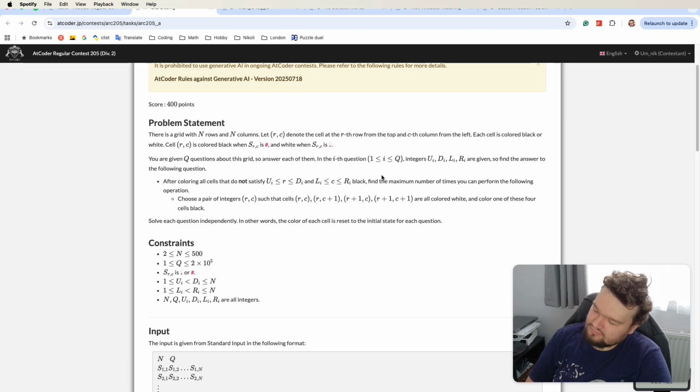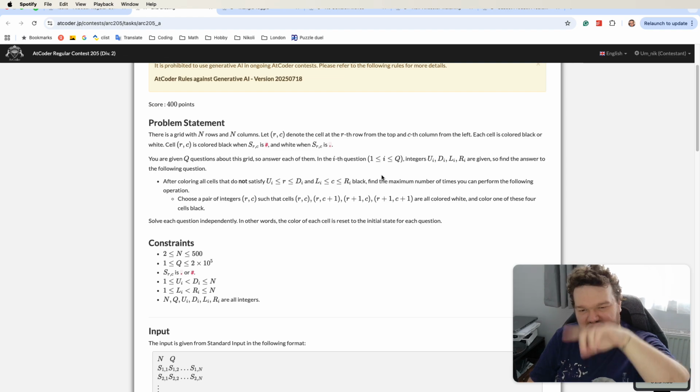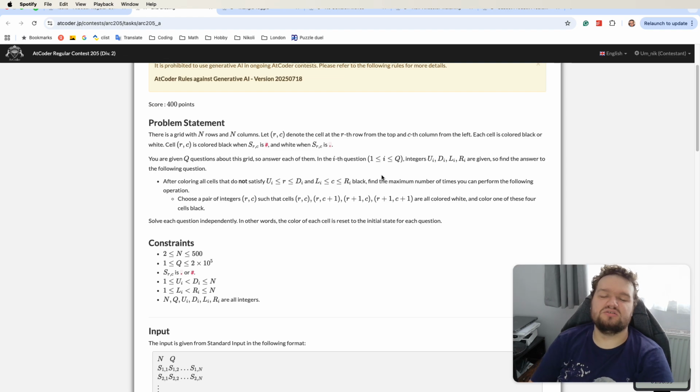Interesting. When I see such a thing on a grid, I think about Euler's formula for planar graphs, but that's not the same thing, because we can't have a cycle with a black cell inside.